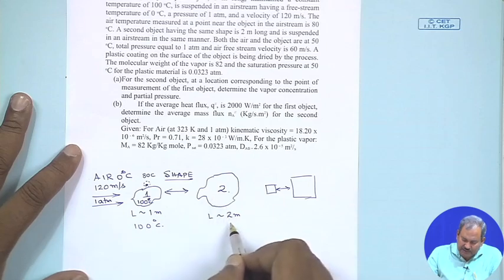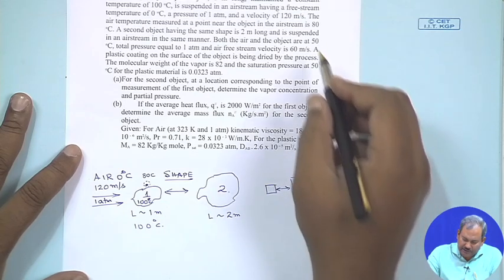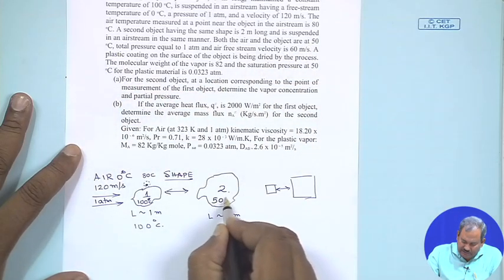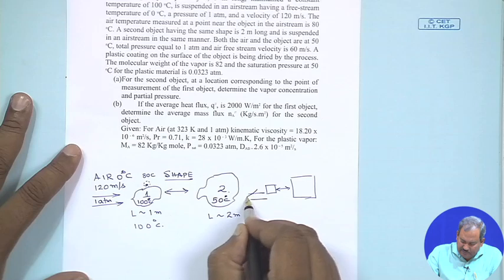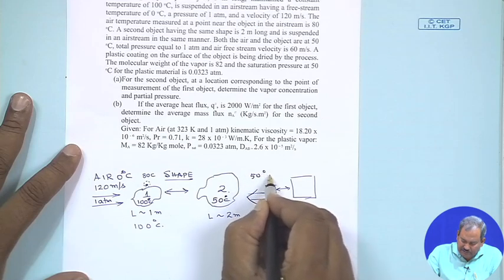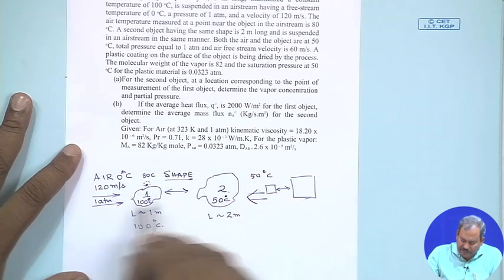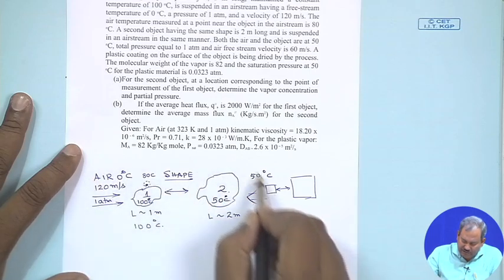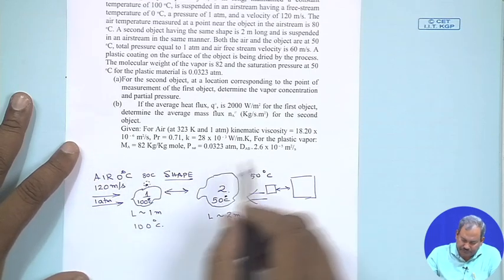Now, in the second case where the length is 2 meter, both the air and the object are at 50 degrees centigrade. So, these two are separate things. Here you do a heat transfer experiment, but here what you have is a mass transfer situation.